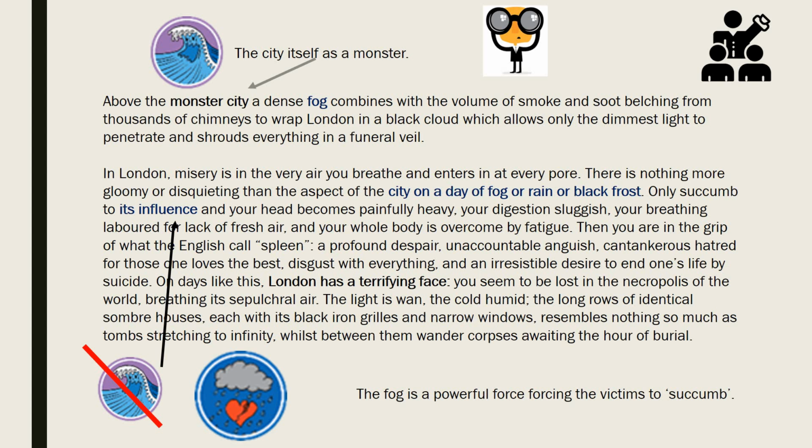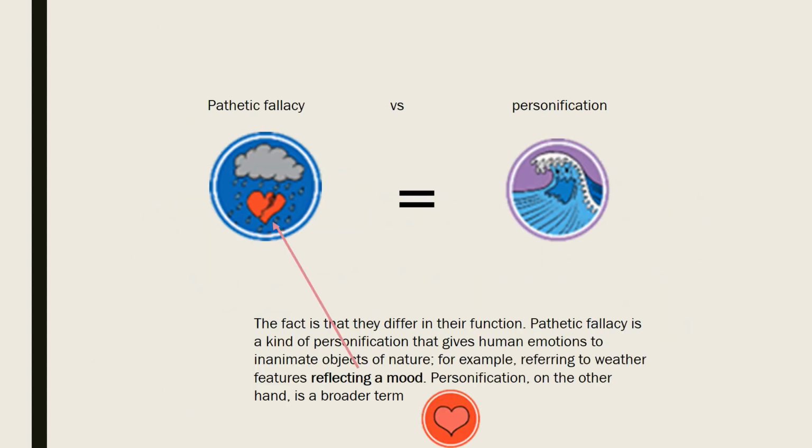So the fog here is being used in a way that is really negative, that it can influence you. And the difference between pathetic fallacy and personification is that they differ in their function. So pathetic fallacy is a kind of personification.